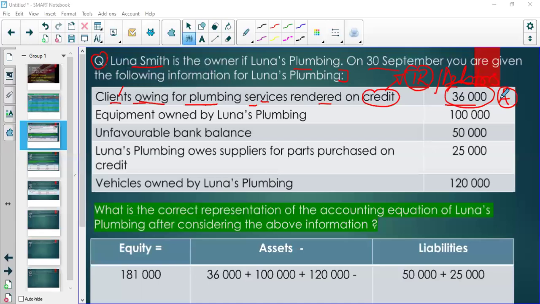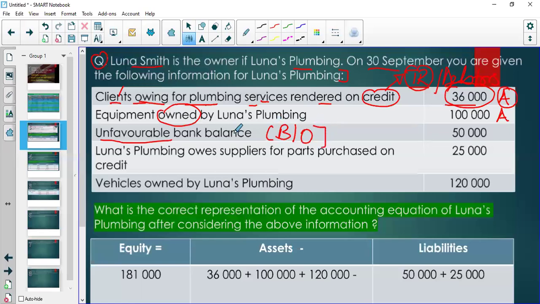We're going to identify whether something is an asset or an equity element or a liability. So we have here equipment owned. So equipment is going to be an asset. Then we have a bank balance, but it's unfavorable. In other words, it's a bank overdraft.